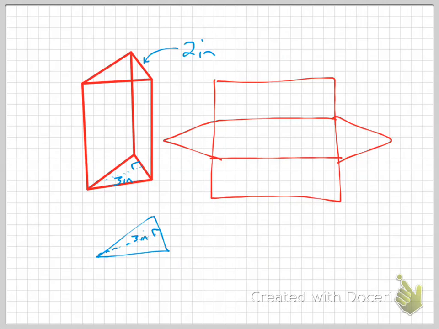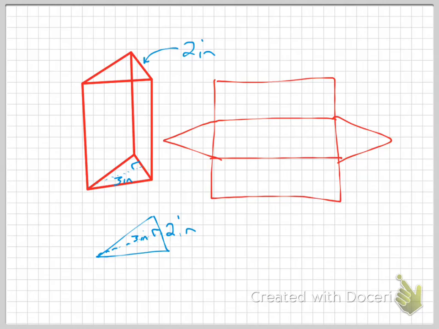Well, where's the base? Don't I need to know what this is? Oh, if it's 2 up here, then it would be 2 down here. Agreed? So then this right here is 2 inches. So then it's base times height divided by 2. What's the base? 2.